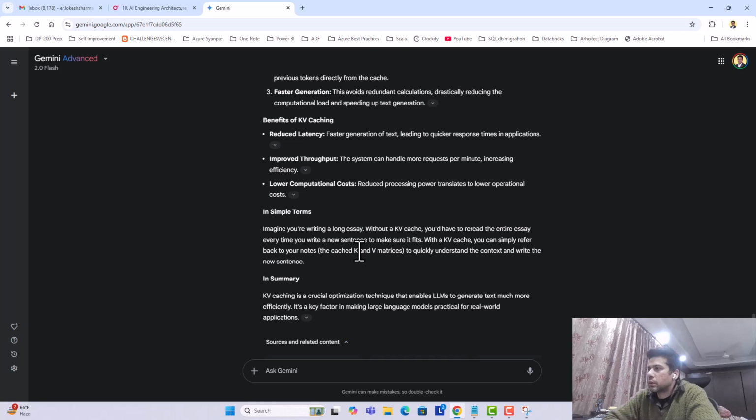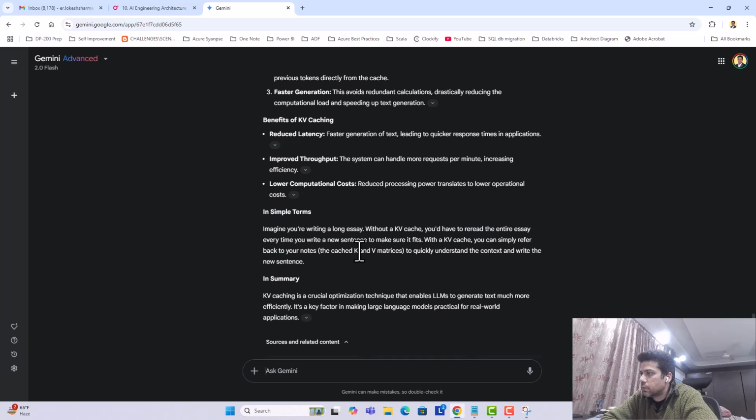If you're writing a long essay without a KV cache, you would have to reread the entire essay every time you write a new sentence to make sure it fits. With a key-value cache, you can simply refer back to your notes. The cached KV matrices let you quickly understand the context and write the new sentence. Using a KV cache is a critical optimization that enables models to generate text much more efficiently.